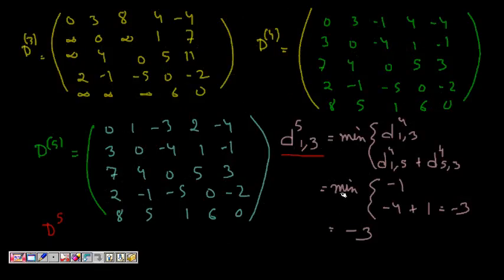So that is one of the paths, but there are other paths giving us a lesser value. So one is D4,1,5 and D4,5,3. I'm using the fourth node, D1 to 5 using the first 4 intermediate nodes, and D5 to 3 using 4. So it is coming out to be -3.